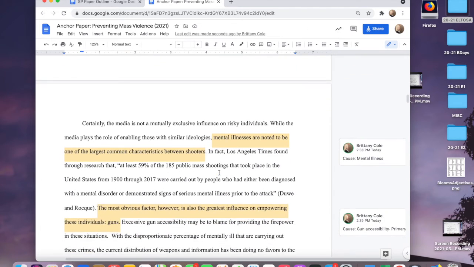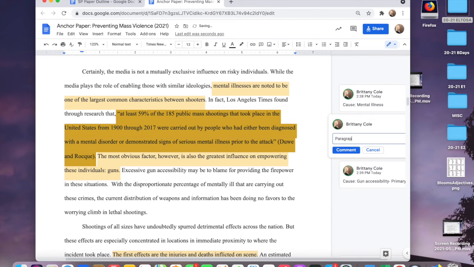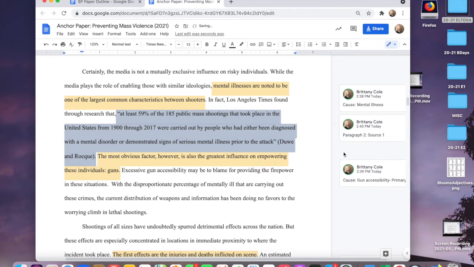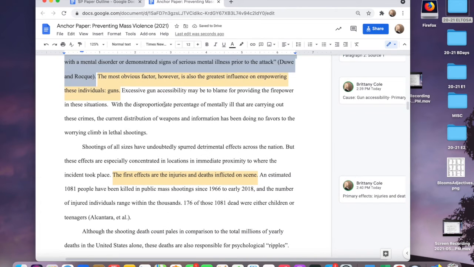Okay, moving down. So we see right here, this is cited. So this is another source. So paragraph 2, source 1. All right, and I don't see any other sources, so one source, one paragraph, it works.